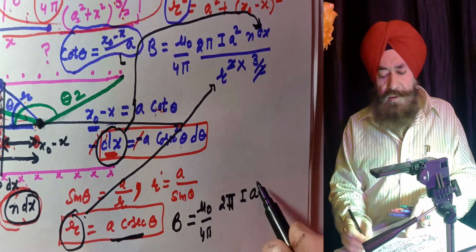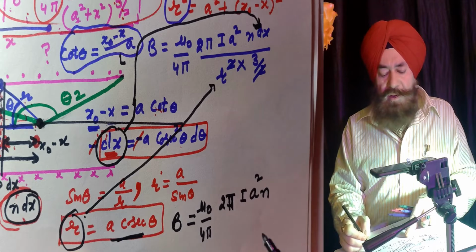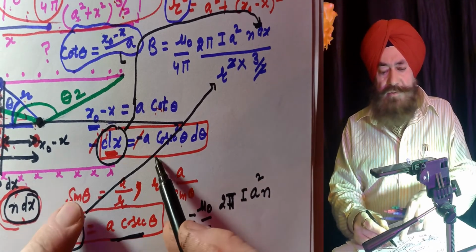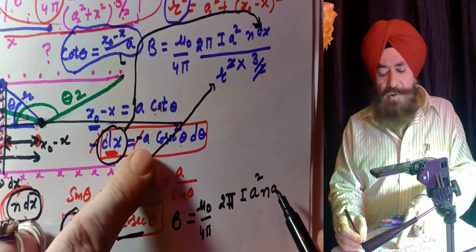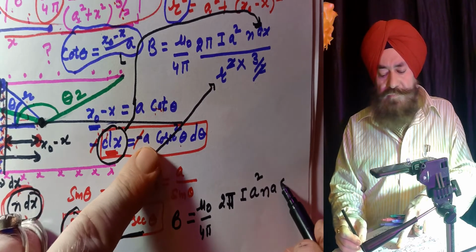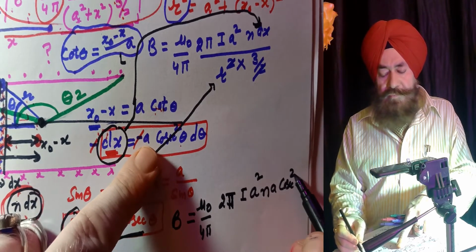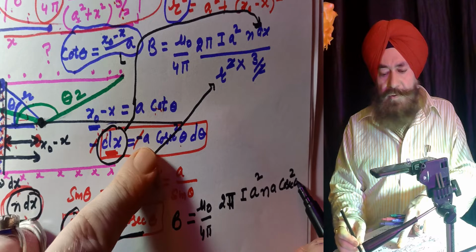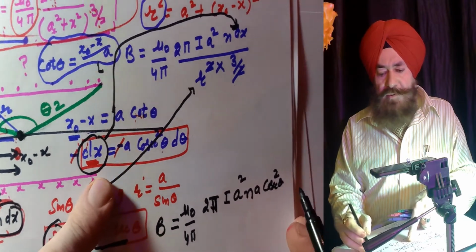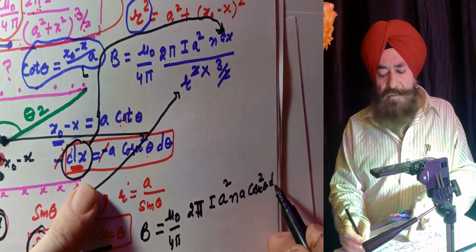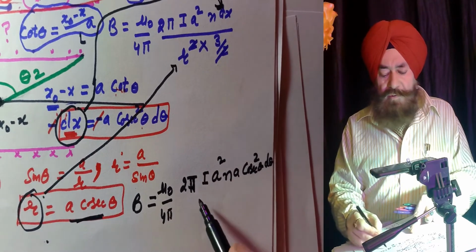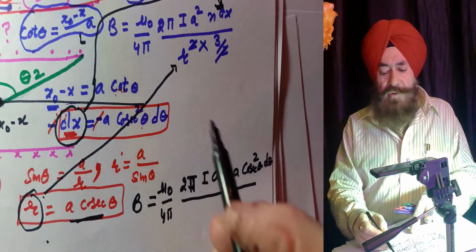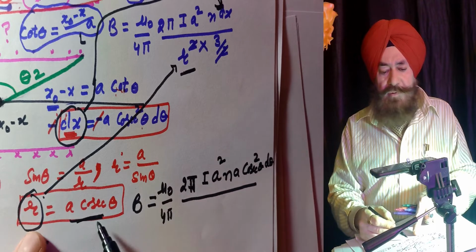I a square n. Now what is dx? Again a cosecant square theta d theta, divided by r cube.